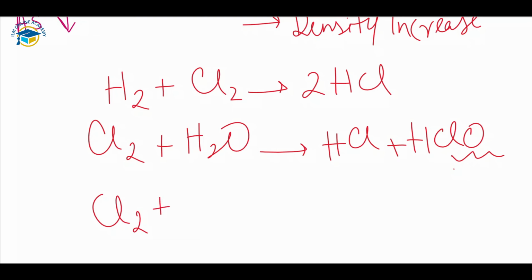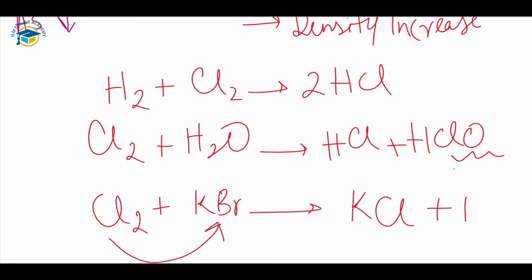So when chlorine reacts with potassium bromide, as bromine is less reactive, chlorine can replace the bromine, because chlorine is more reactive. So we have the displacement reaction and KCl is produced, plus we have bromine that will be formed here.